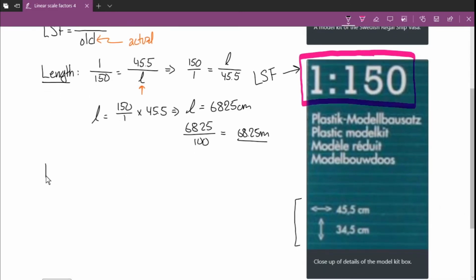Now we have to do the same calculation for the height of the ship. So exactly the same. The scale factor is still 1/150. The height of the model is 34.5 centimeters. And now we're looking for the height of the actual ship. We're going to call that h. Take the reciprocal of both sides.